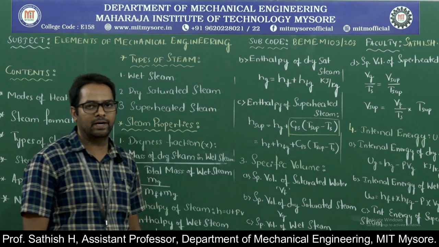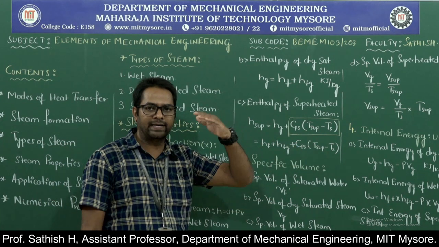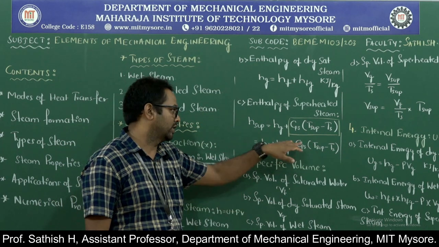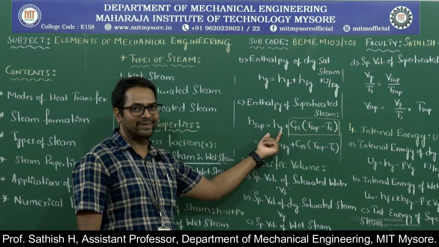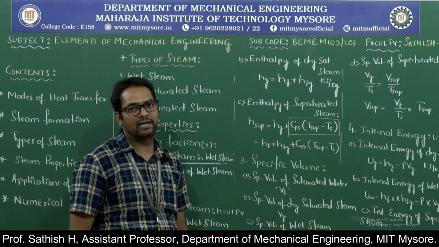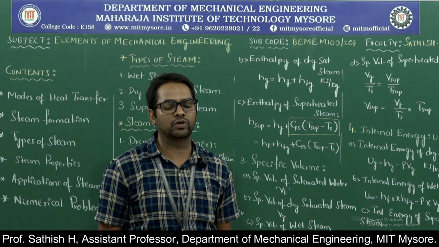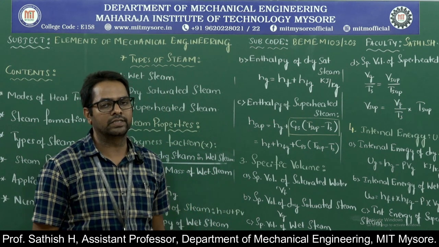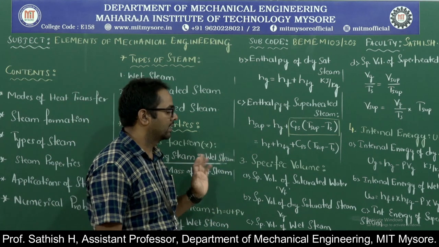This term, Cps, the specific heat of the steam, multiplied by the superheated temperature minus the saturation temperature, gives the amount of superheat. If we add the sensible heat and the amount of superheat, you get the enthalpy of the superheated steam, that is, how much heat you supply to convert 1 kg of water at 0 degree into 1 kg of superheated steam.